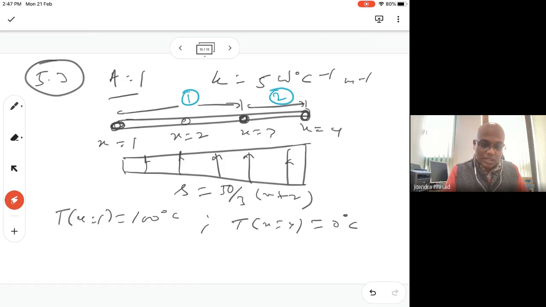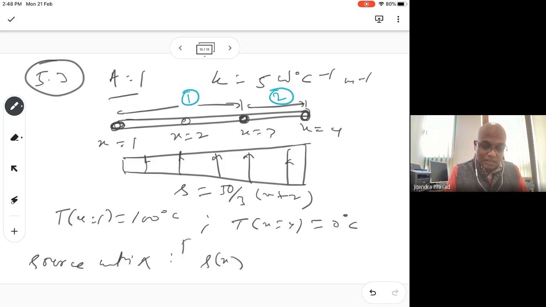The source matrix is nothing but the F vector because of S(x).